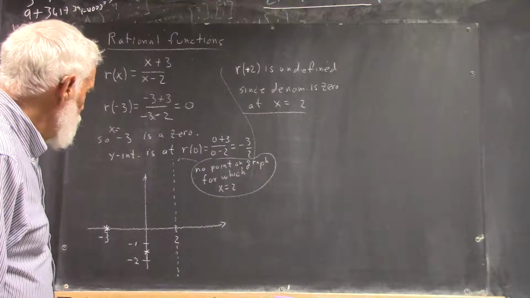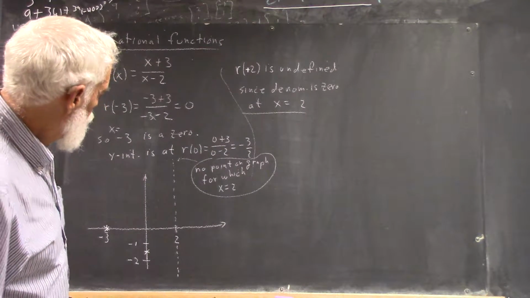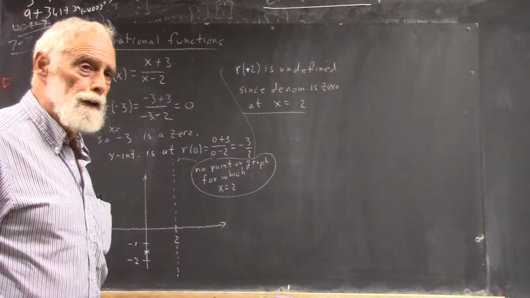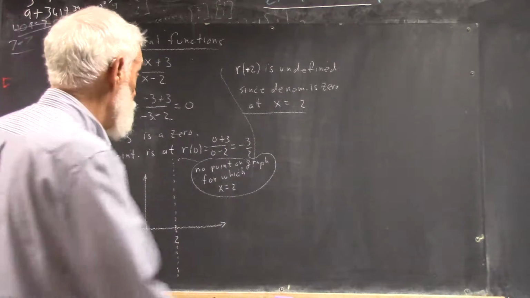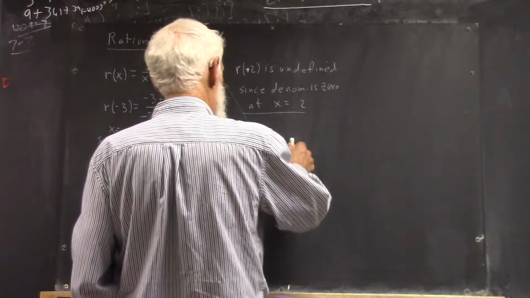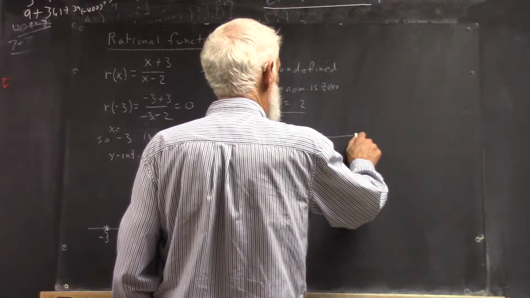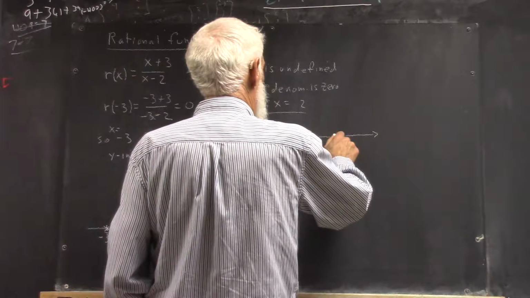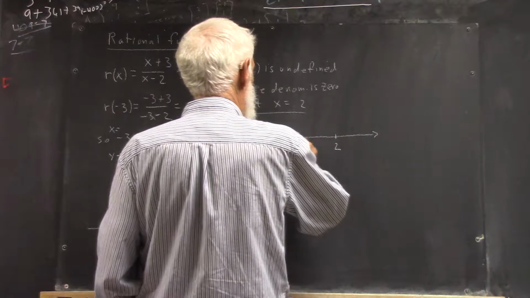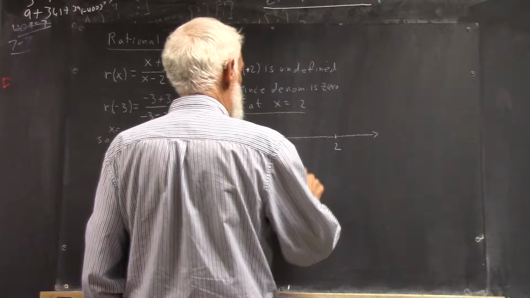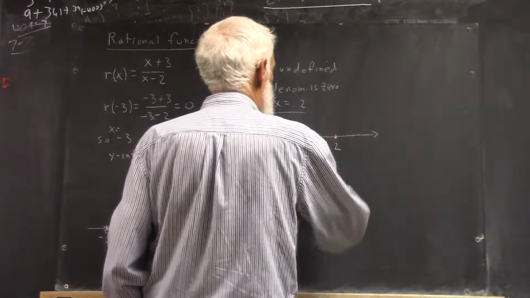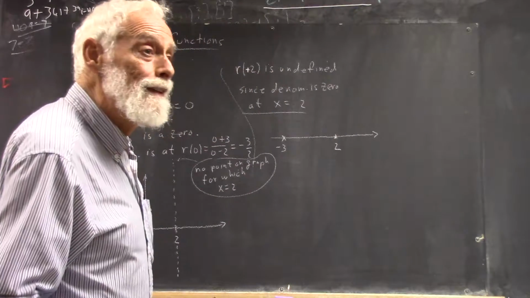Now, one thing we want to do is look at the x-axis to see where the function is positive and where it's negative. Okay, so I'm going to draw the x-axis again here, lower.